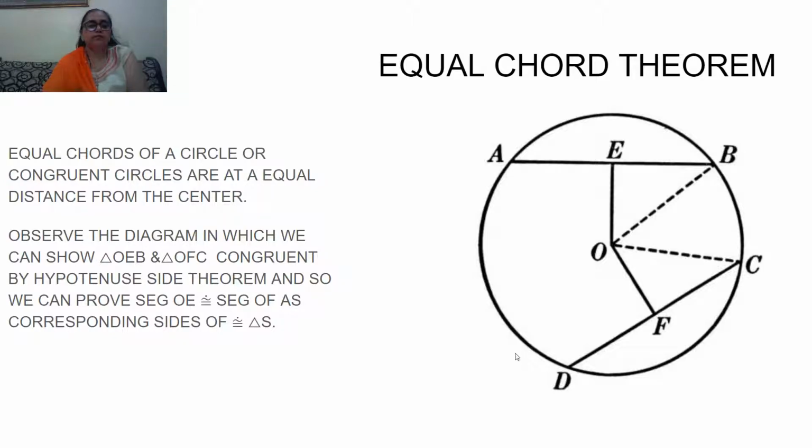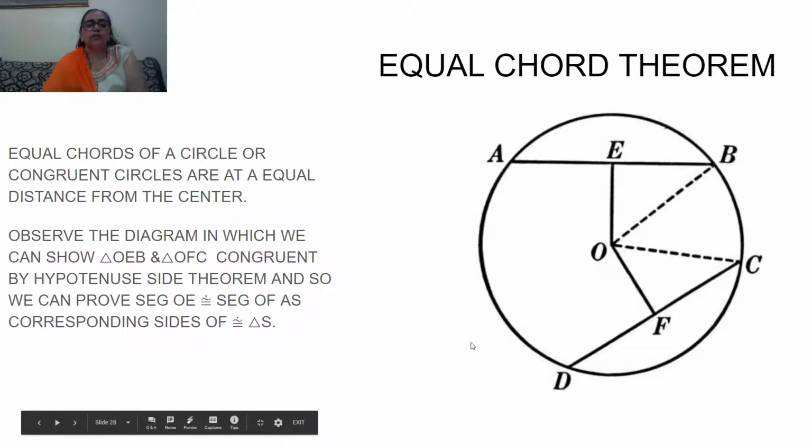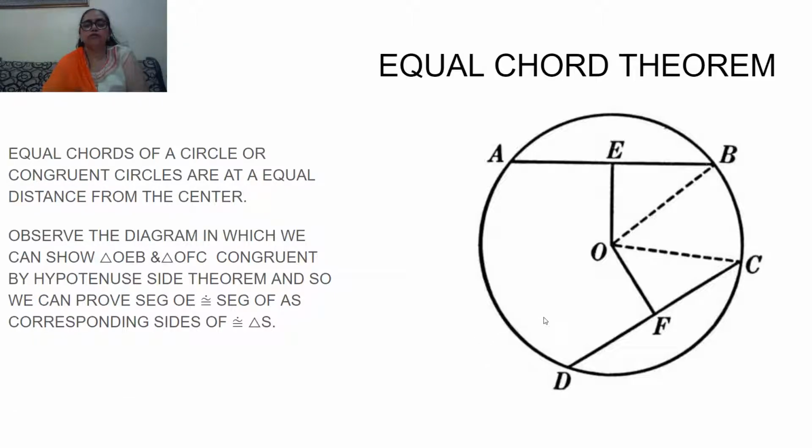Equal chord theorem. Equal chords of a circle or congruent circles are at an equal distance from the center. Observe the diagram. AB and CD are congruent chords. We have to prove that the distances from the center, that is OE and OF, are congruent.